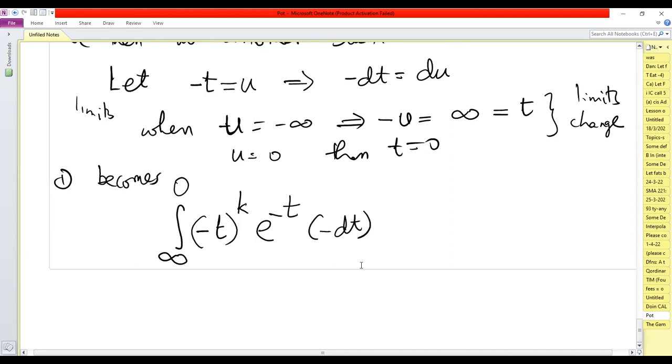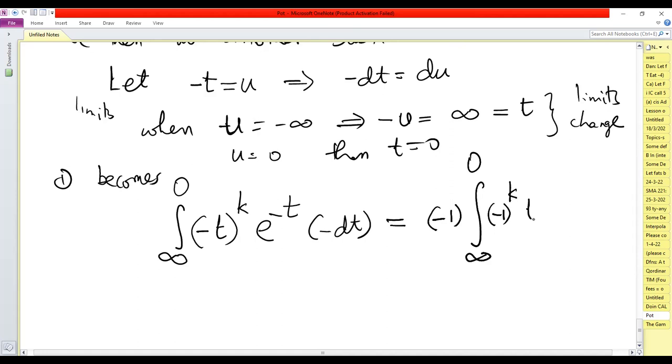So once I have that replacement, I can factor out negative 1. The integral from infinity to 0 of, remember, this can be written as negative 1 to the power k, and then t to the power k, and then e raised to the power minus t, and then dt, because I've factored out this negative.